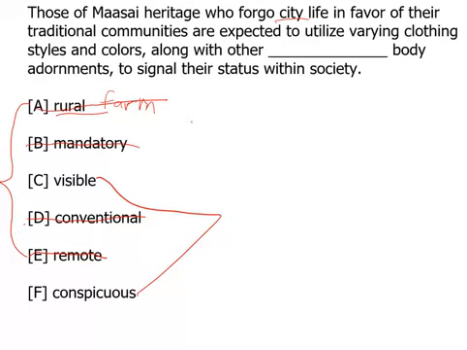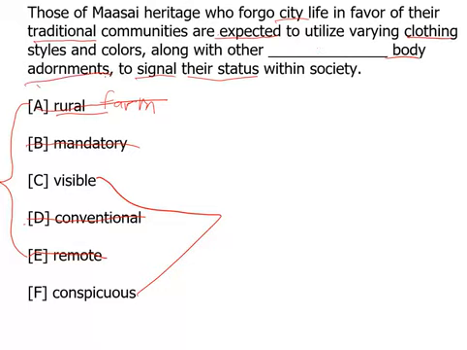Let's make absolute certain that the clues allow this to fit in. So it says that people of Maasai heritage who are living in these traditional communities are expected to do something. What are they expected to do? Well, they're expected to signal their status within society, and to signal their status by wearing clothing and body adornments.